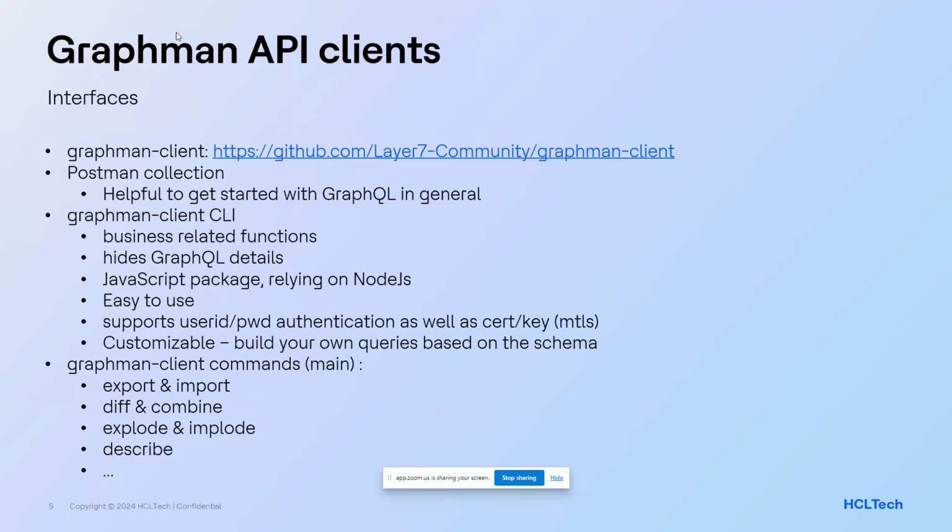Another very, very helpful command recently added to the GA version of the Graphman client is describe. You might remember I mentioned that the GraphQL API is based on a schema, and the schema is defining what you can do with this GraphQL API. The describe command can be used to get aware of what you can use with this API.